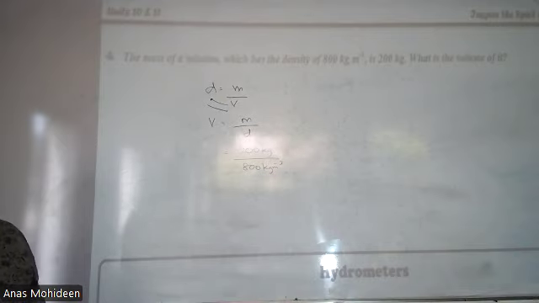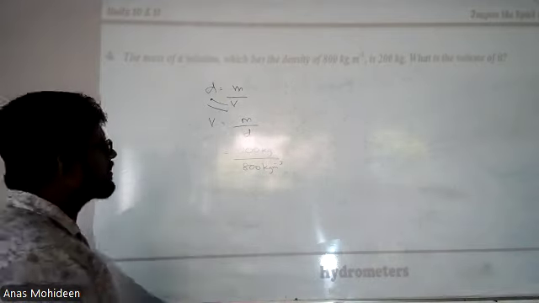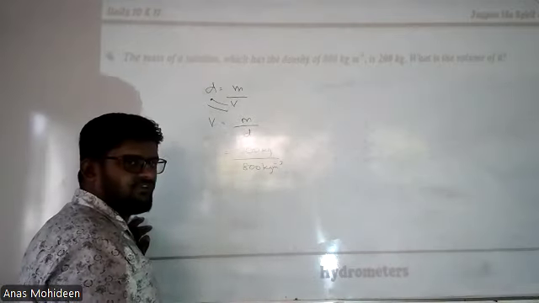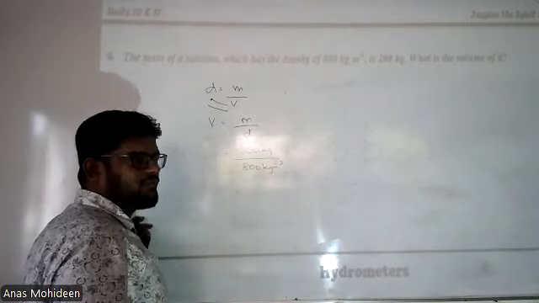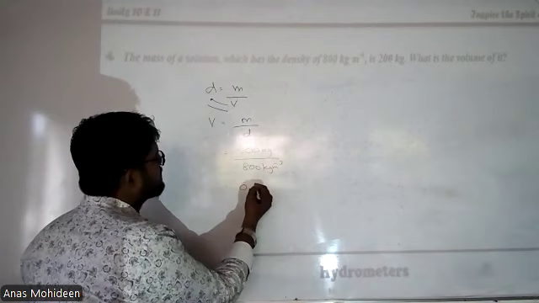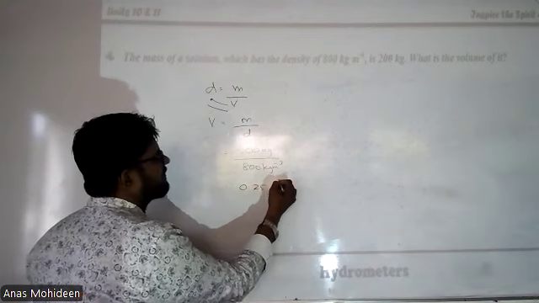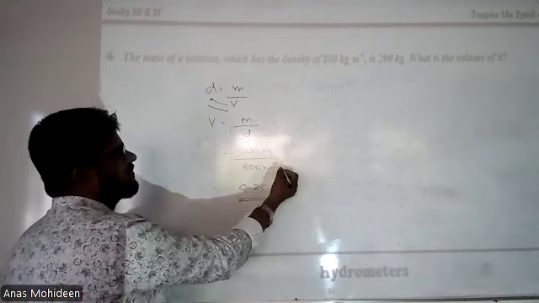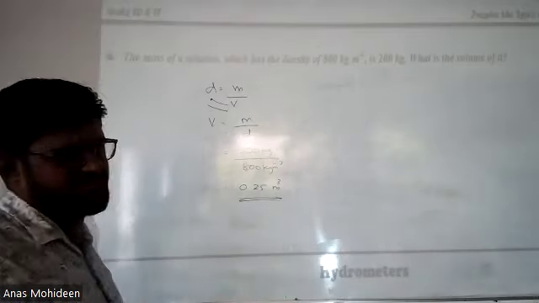800 is the density here. 200 is the mass here. So 200 over 800, how much is the answer? 1 over 4. 1 over 4 means 0.25 cubic meters. Kilogram to kilogram cancels out.